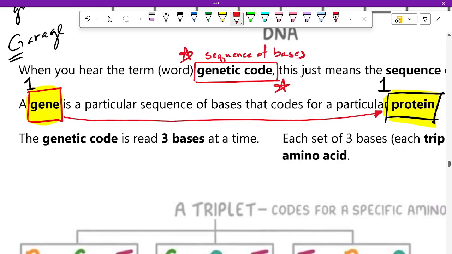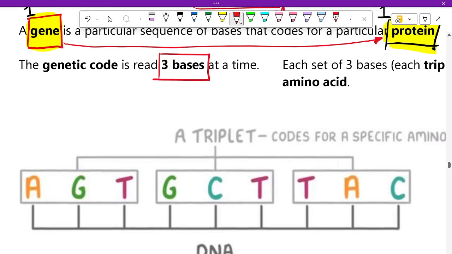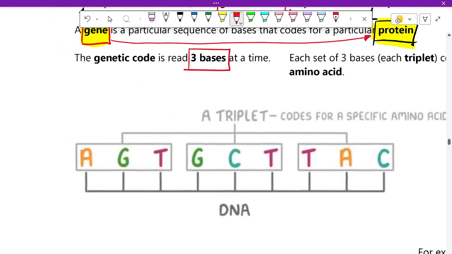And the genetic code is read how many letters at a time? 3 letters at a time. Each set of 3 bases, and in the DNA, each set of 3 is called a triplet.